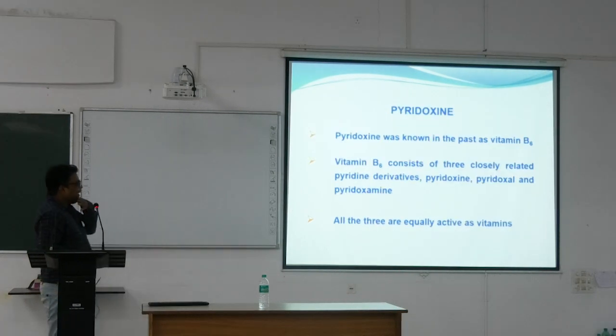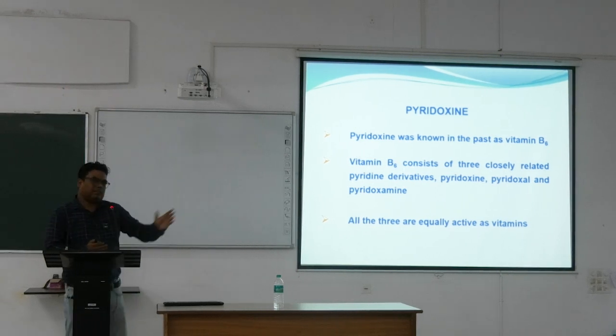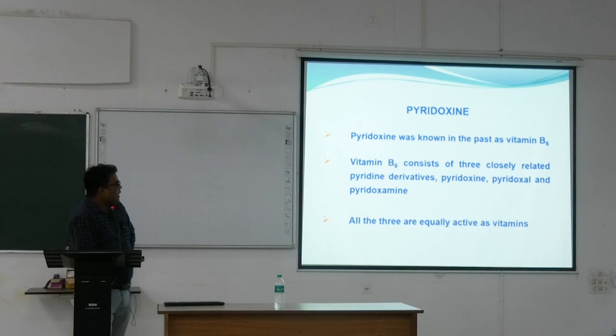We also take this vitamin, pyridoxine. It is a very small vitamin to discuss. This is pyridoxine, and the coenzymatic form is pyridoxal phosphate. Pyridoxine is considered vitamin B6, and it is related with pyridoxine, pyridoxal, and pyridoxamine.